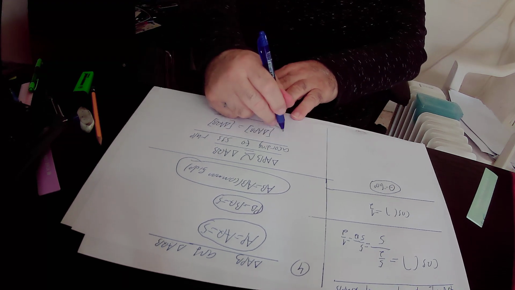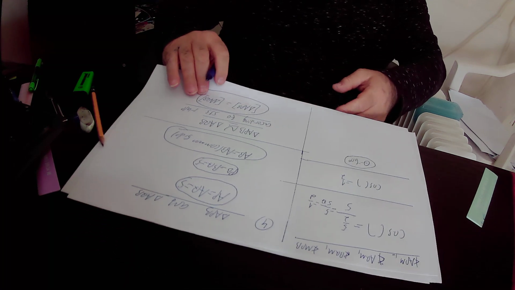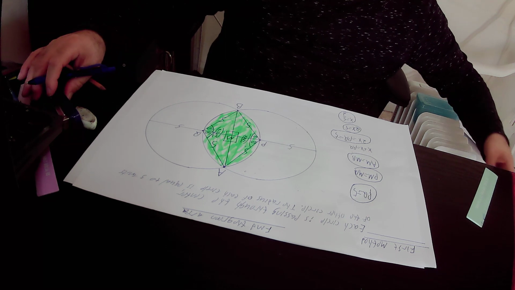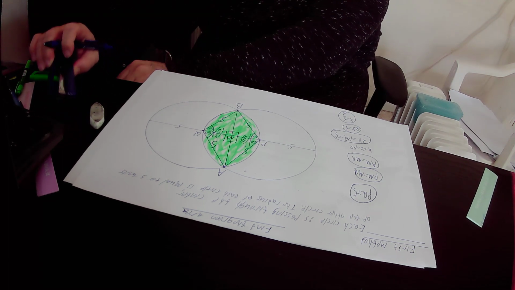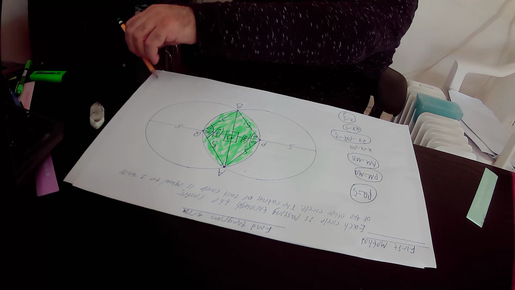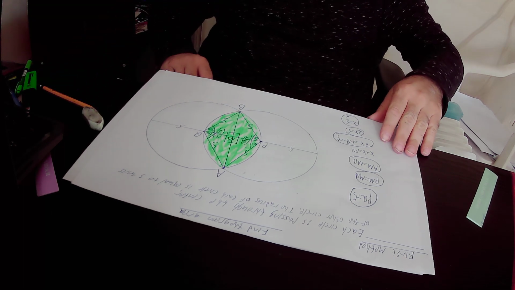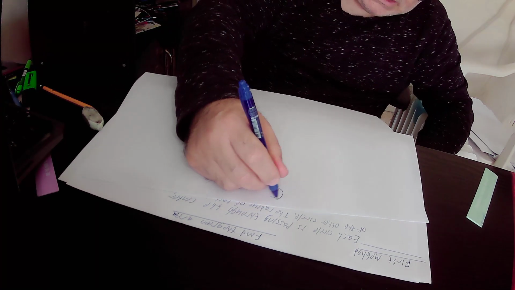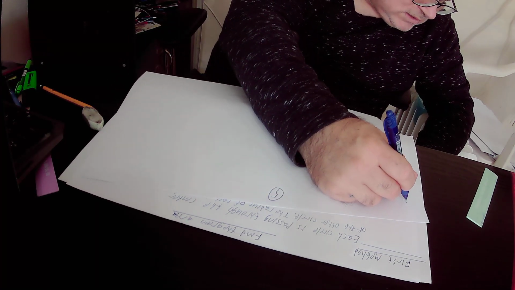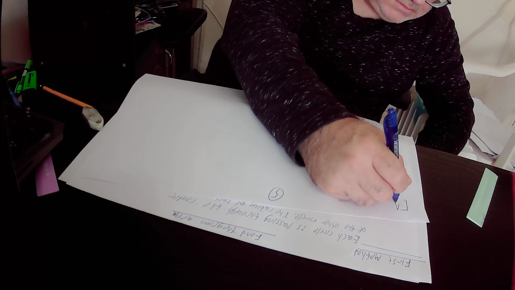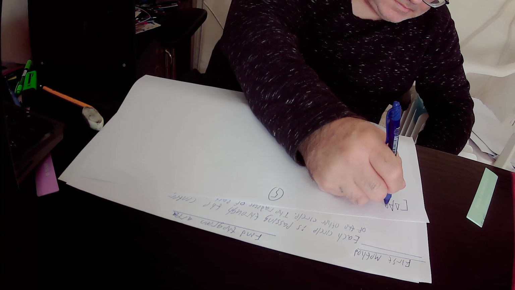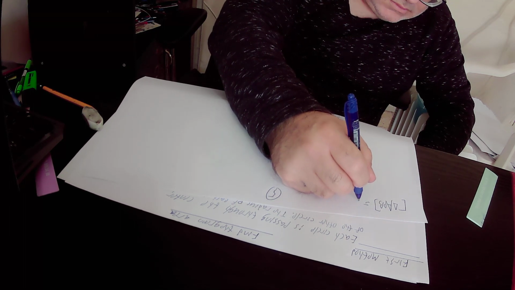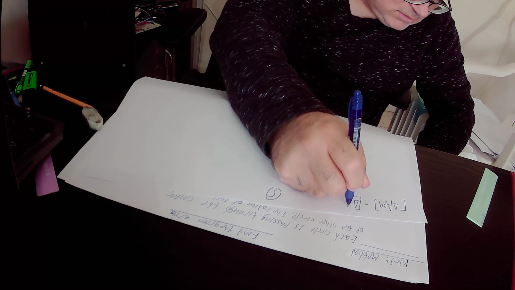I will write it here also. The area of triangle APB is equal to the area of triangle AQB.